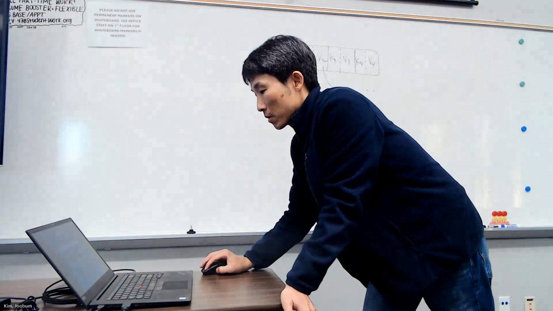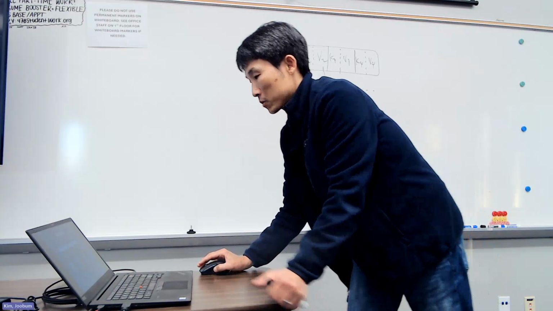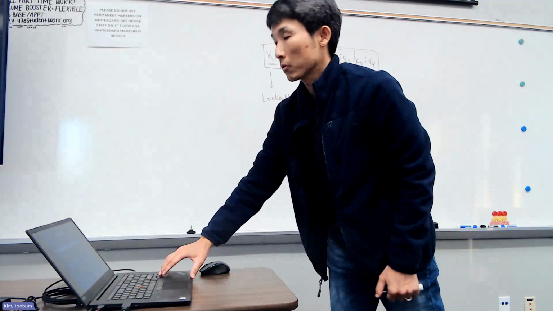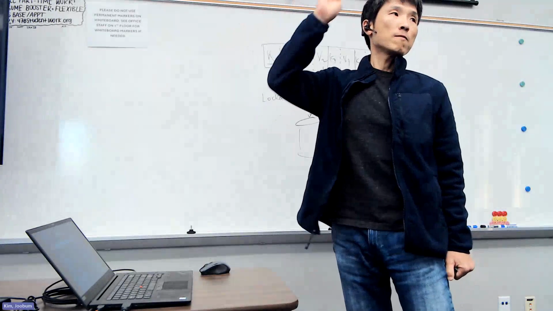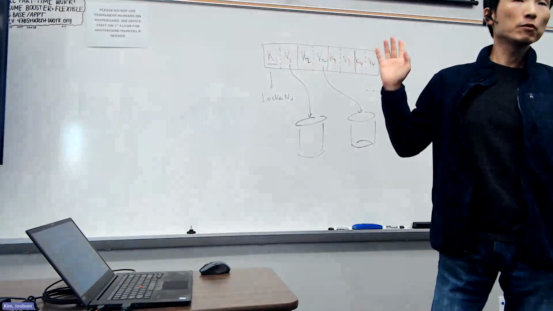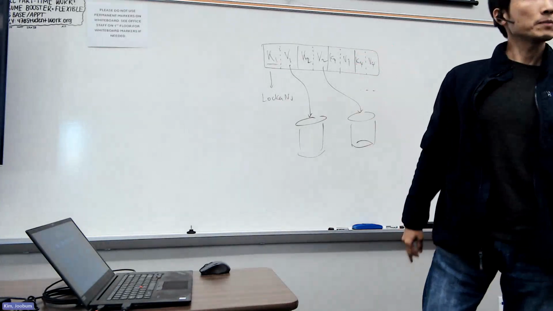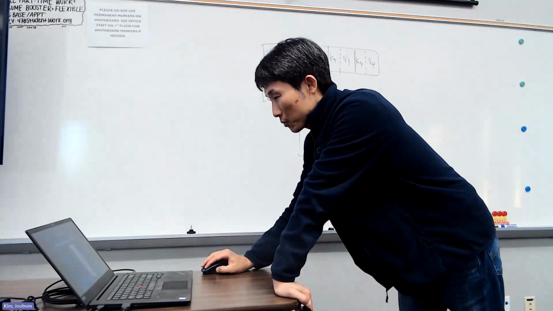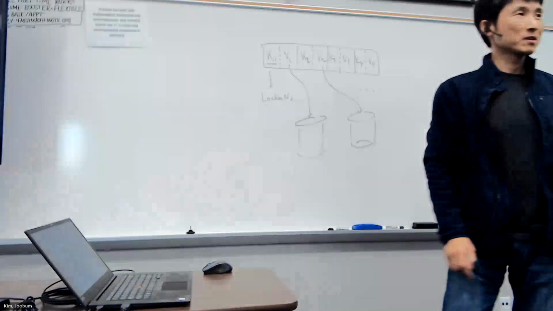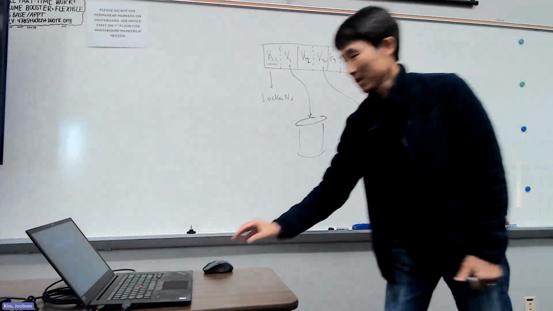Erase. And then next one, try to add 350. But assume that cylinder 4 is completely full. There's no empty space to store 350. So what happened? We have to split. Split means we can use another cylinder.